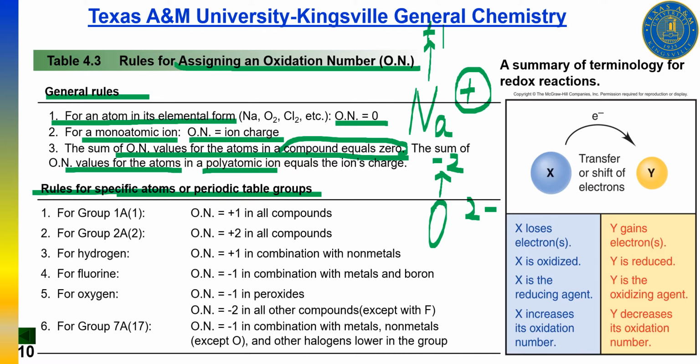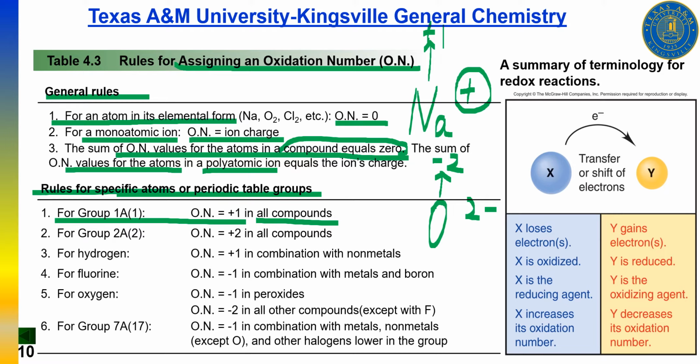The specific rules. First one, for group 1A. Lithium, sodium, potassium, cesium, including hydrogen, they usually, in most of the compounds, are +1 in charge, such as sodium, +1.